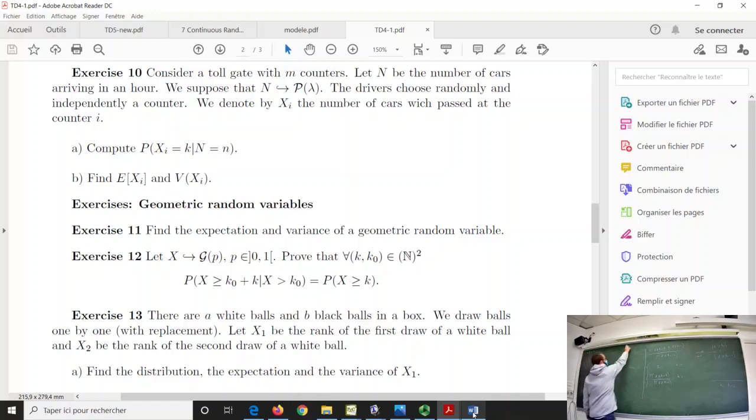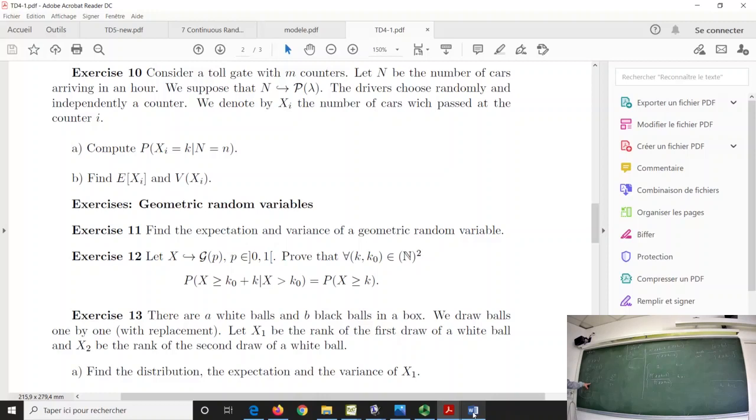From the course, I know this from the definition of a geometric, because it's the sum of the probabilities related to all possible values of a geometric. So if I change my index this way, I will obtain the sum starting from 1.